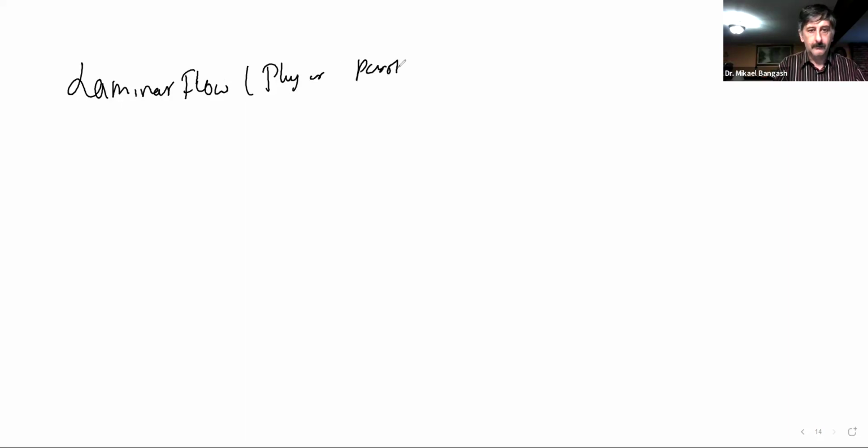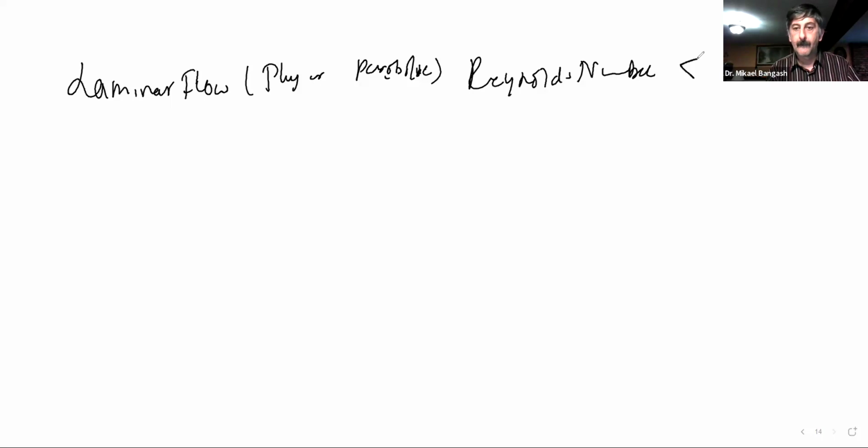Just remember, guys, for laminar flow, irrespective of whether it is either plug or parabolic, your Reynolds number is going to be less than 1500.